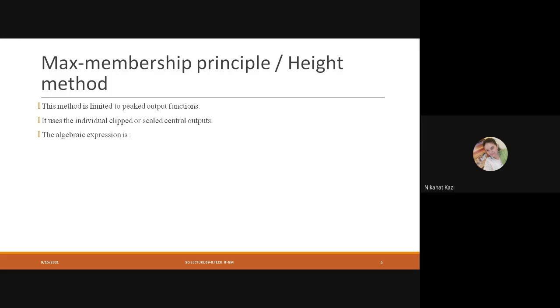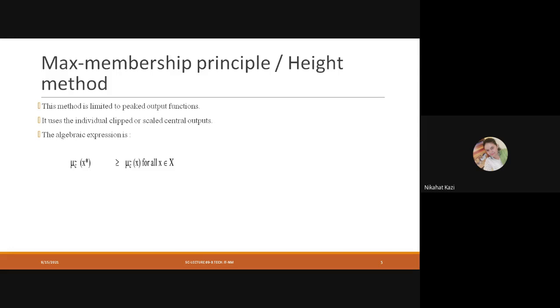Okay, and this height method or the max membership principle method is suitable for a peaked output function. That means where there is a single peak. I mean, there could be multiple peaks, but there is one peak which is unique. Okay.